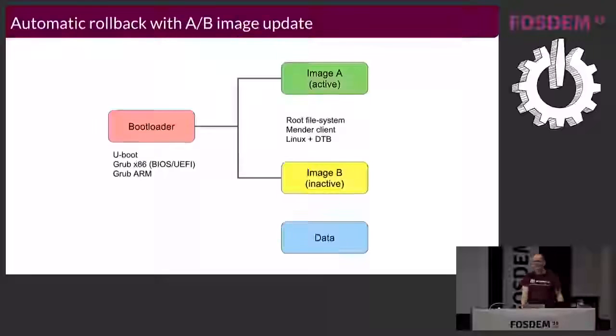But in a running system, you have the image, in this case, the green image, image A, it's active. That's a full root file system. Contains, obviously, the Mender client, the full Linux environment, kernel, DTBs, kernel modules, libraries, everything. And then we've got the image B partition, and at this point, this one's inactive, and the contents of this partition at this point should be considered unknown, because there could have been an update deployment started that failed for some reason.